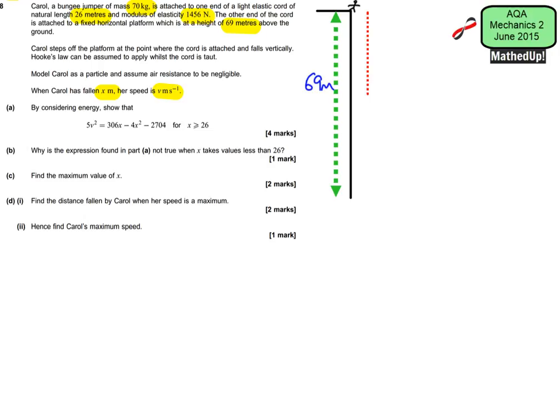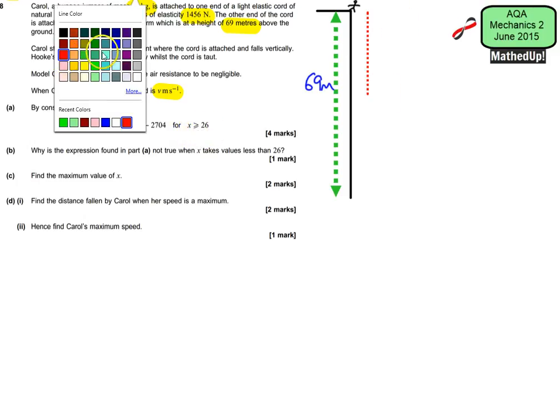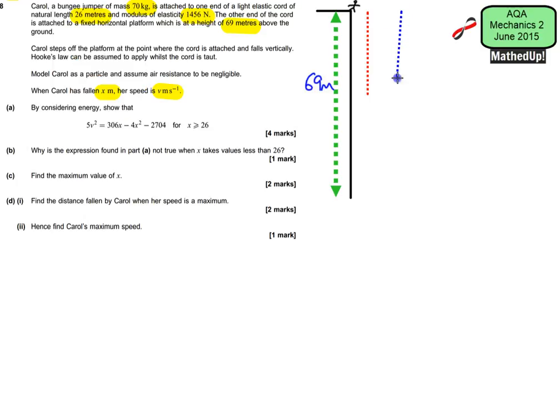We're trying to find when Carol has fallen x meters, but we're told x is greater than or equal to 26, so I'll draw it in a different colour. This is Carol once her bungee has stretched, and it's going to be longer than this line. Let me label some distances.